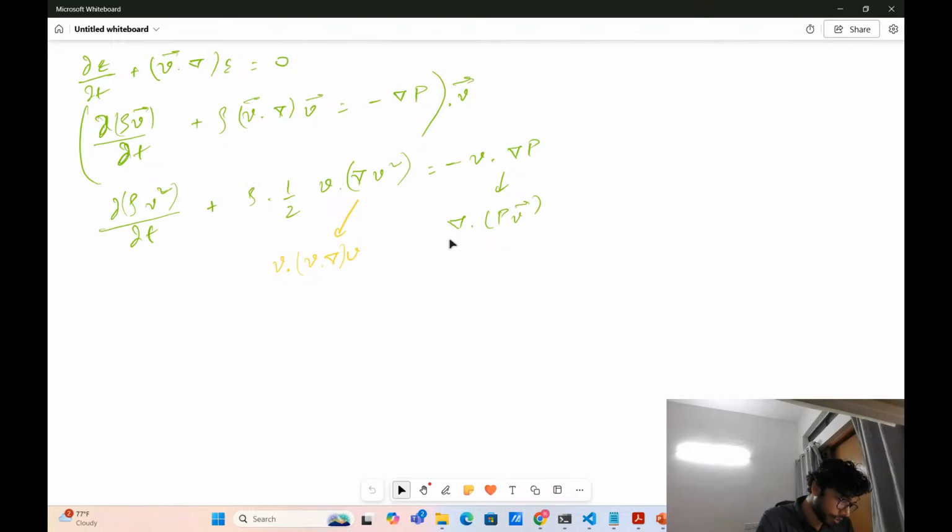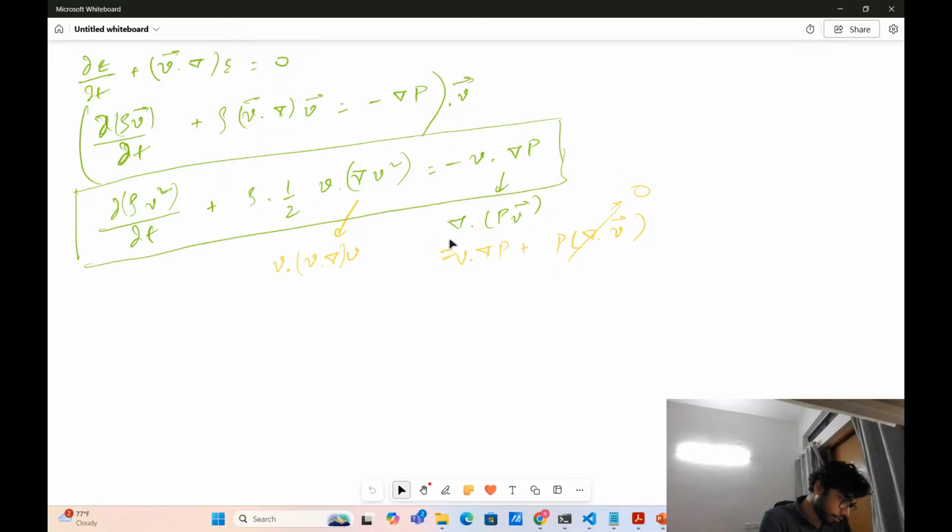Because if I write del dot PV, this will become V dot del P plus P del dot V, and this will become zero because of incompressibility. So this is the same.